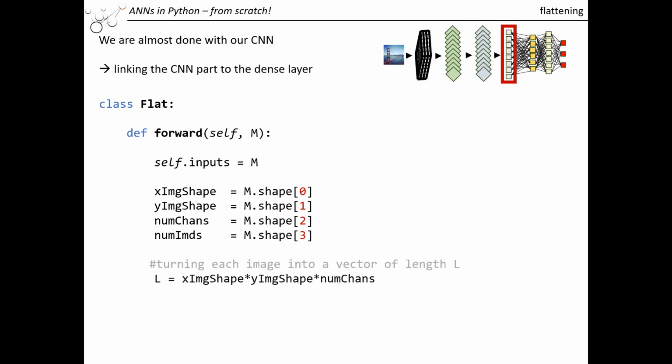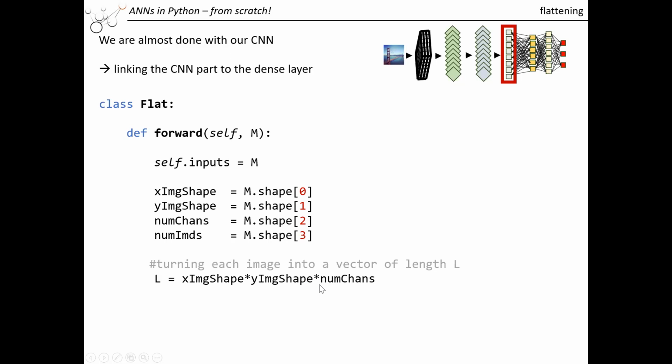And then we have to determine the size of the vector for every image. So what is the information first of all? We have the image itself, which has the number of data points, or number of pixels, which is X times Y. But that's true for every channel. So we multiply this with the number of channels.